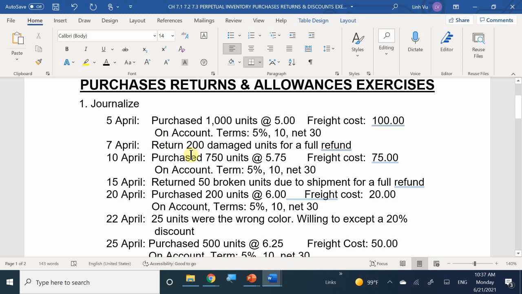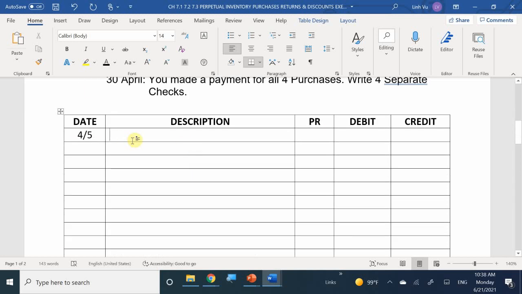The purchase would be inventory. Good. Inventory and then accounts payable. Good.